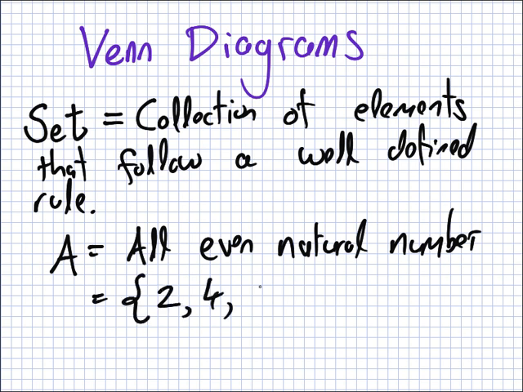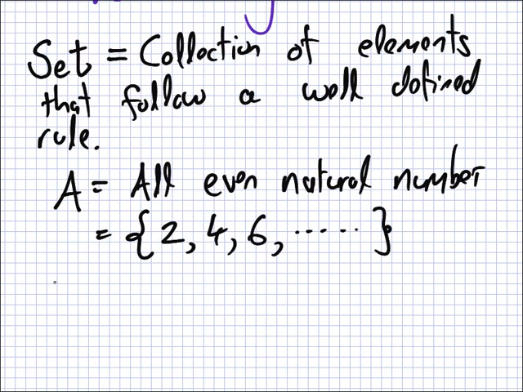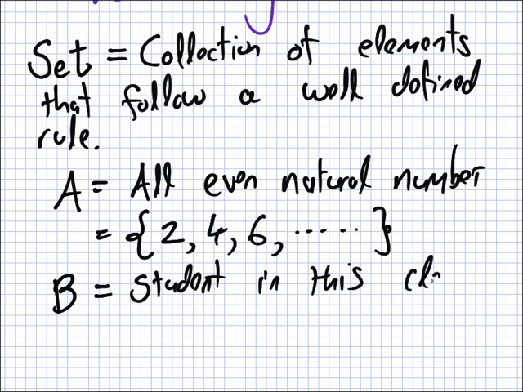So that's 2, 4, 6, etc. Like that. So that would be an example of a well-defined set. B, another example. You could say something like, students in this class. So the list of students in this class would be a set as well.